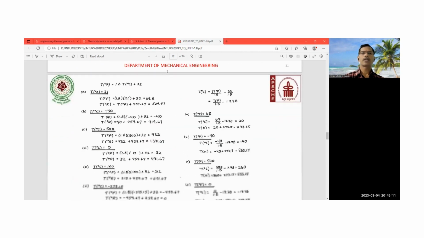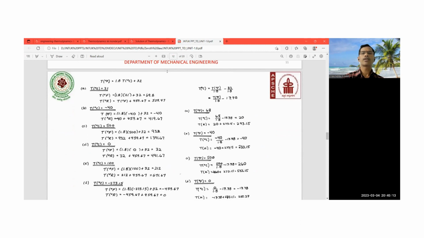Here there is a relation: T degree F is equal to 1.8 T degree centigrade plus 32. When T degree centigrade is 21, apply this relation and you will get the values as shown, just for showing the relation.